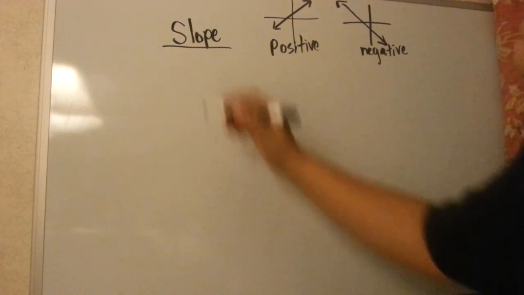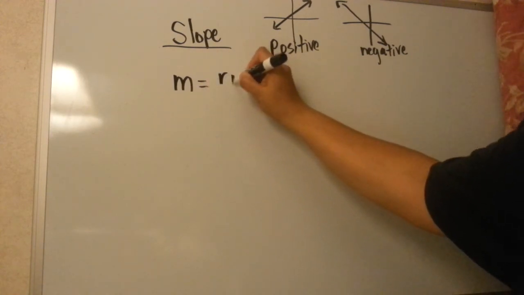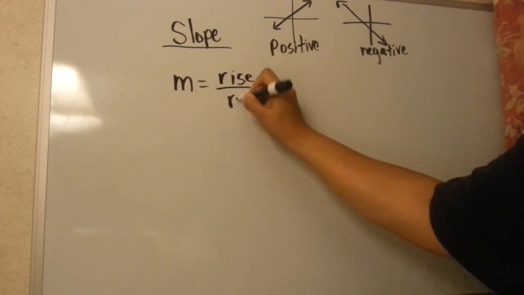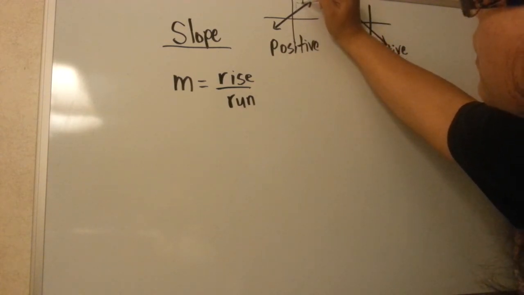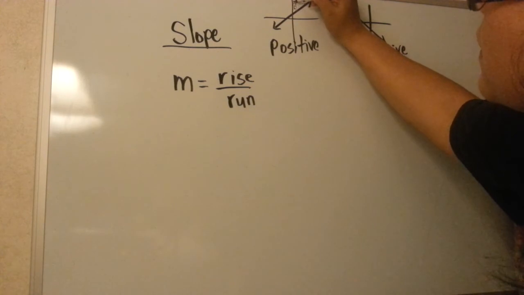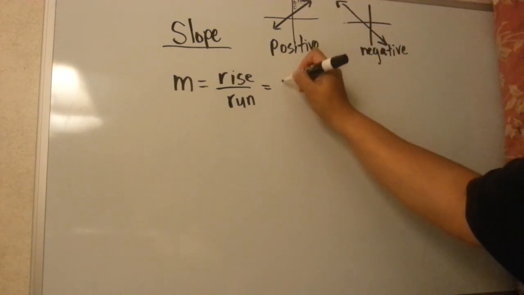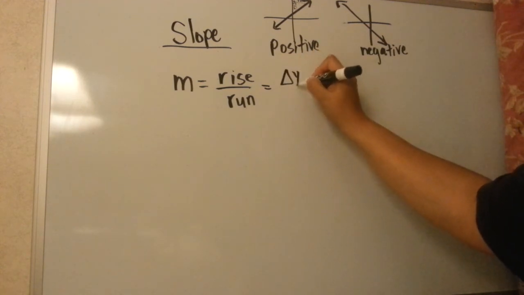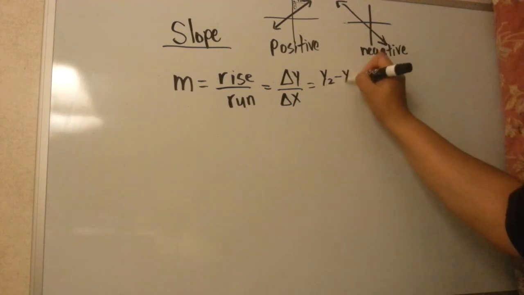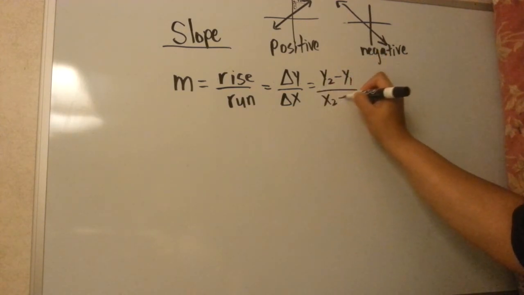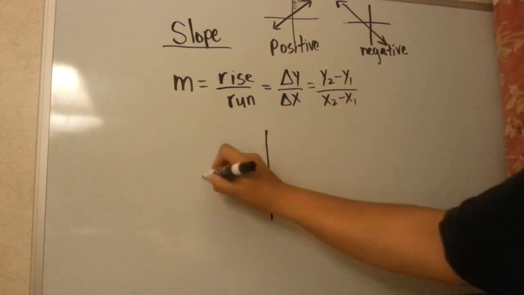Well, usually the symbol that we use for slope is m, and we say that it's the rise over the run. That's the rise and that's the run right here. Or the change in y over the change in x, or y2 minus y1 over x2 minus x1. So the difference in the two coordinate points.